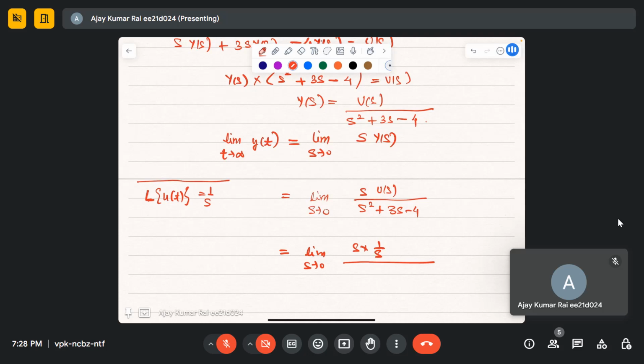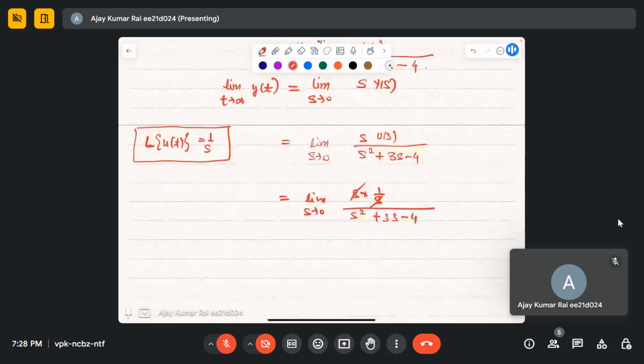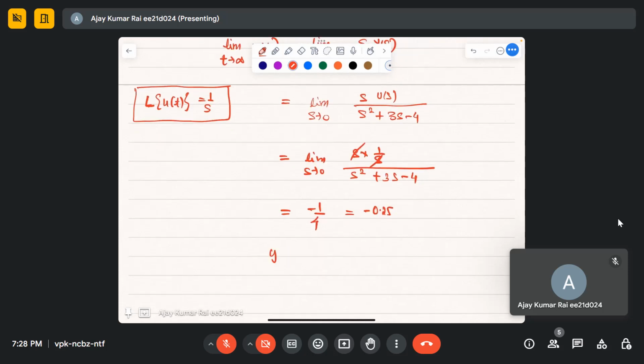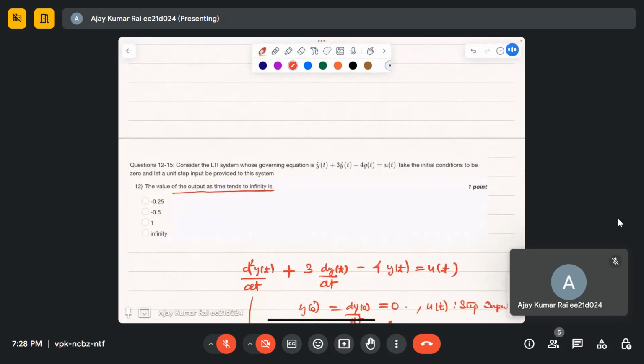So this information we are using here, over s square plus 3s minus 4. If you put the limit, you'll get minus 1 by 4, which is minus 0.25. So the first option is correct, right?